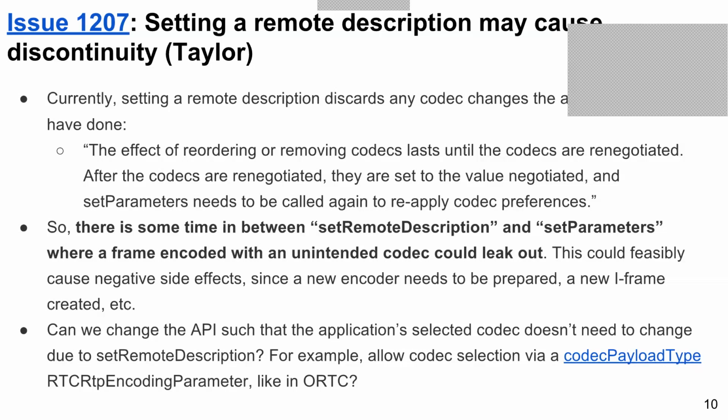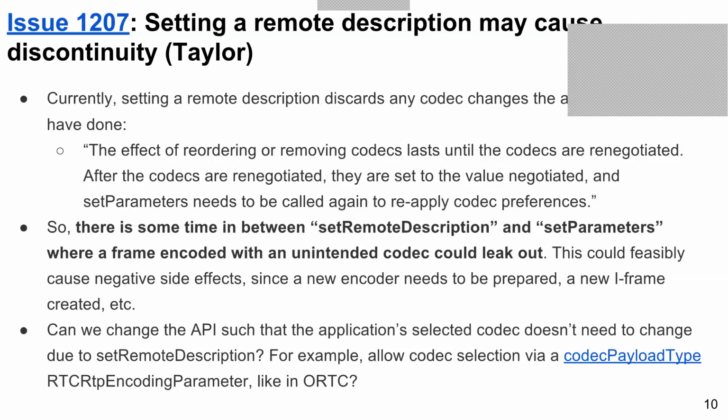So hold on, what does it have to do with set parameters? Isn't it set codec preferences? No, that's about preferences for what codec is being received. I'm talking about RTP sender set parameters changing which codec is sent. So if the remote endpoint's preferred default is codec A, and you receive the initial remote offer, you call set parameters to change it to B, and then set the answer.